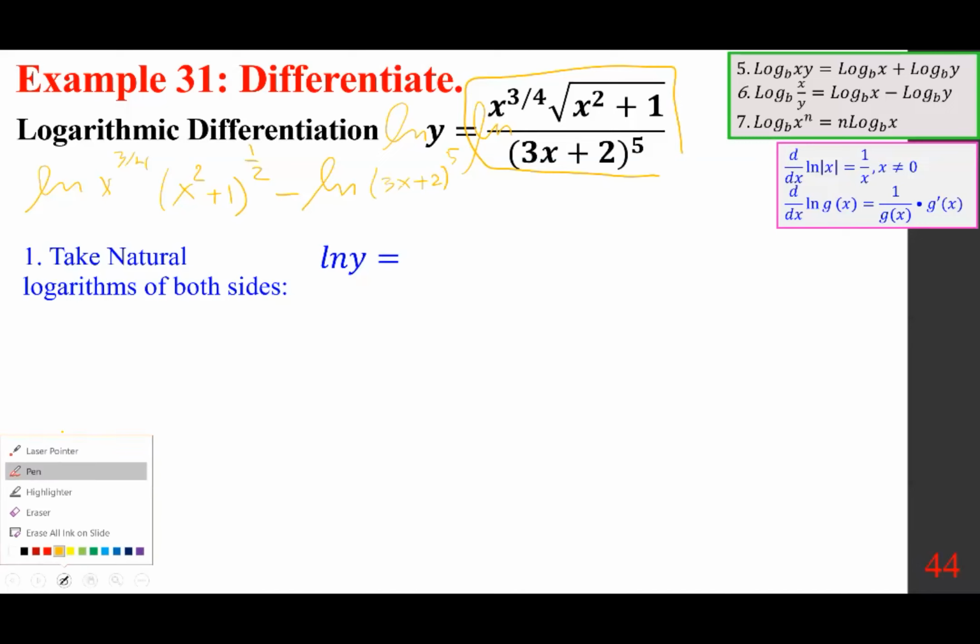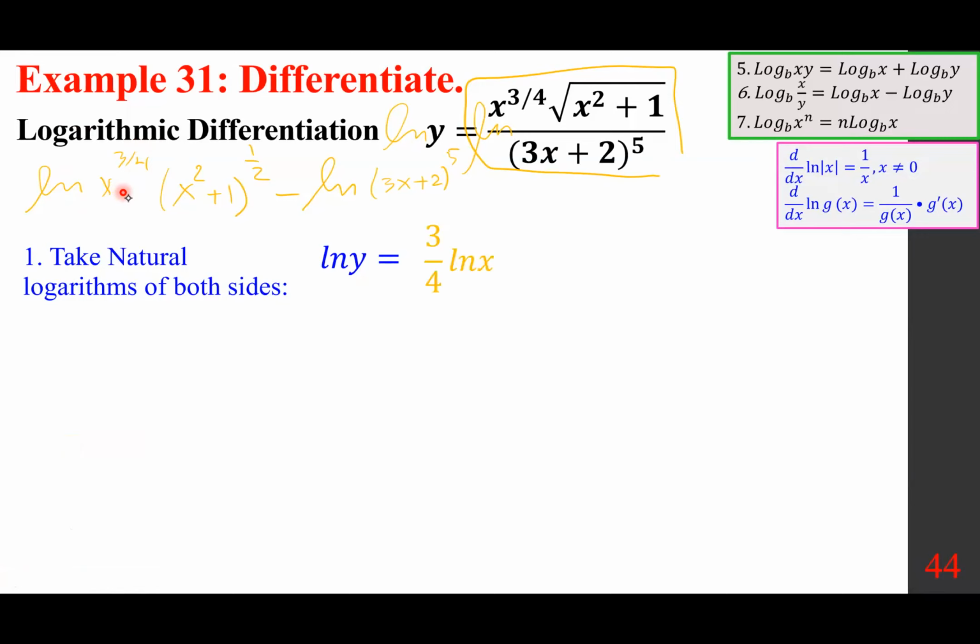Again, your algebra, your knowledge of logarithmic properties will help. This piece, only this piece, is 3/4 of ln x plus half of ln of x squared plus 1 minus 5 ln of 3x plus 2. This refers to the knowledge of logarithmic properties, okay, which you should be very comfortable with.